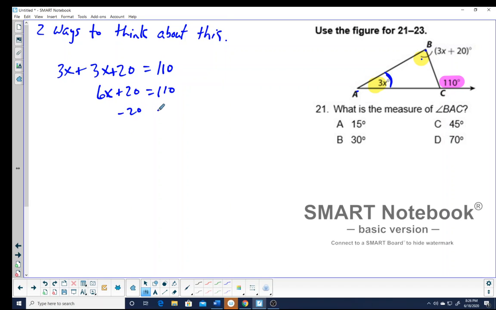Subtract 20 from both sides. And now we have 6x on this side. 110 minus 20 is 90. And then we can divide both sides by 6. And 90 divided by 6 is 15, right? Yeah.